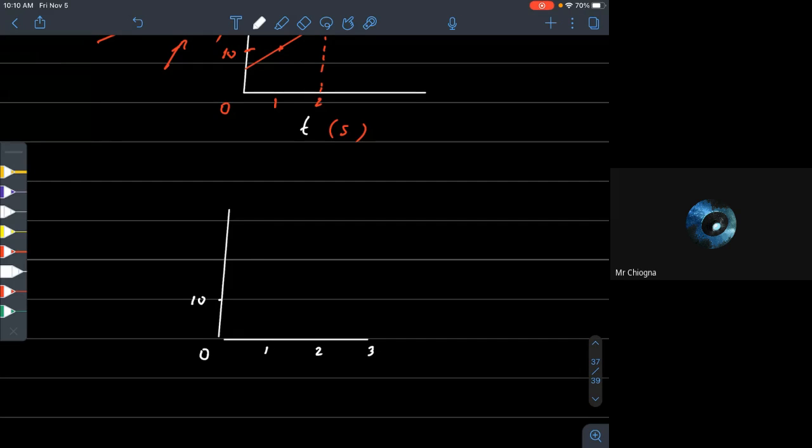Trying to gauge this. 1 is 20. Okay, so the line looks like this.